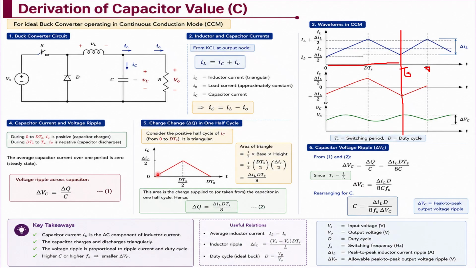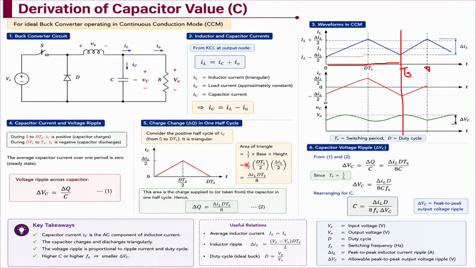So this is a triangle, and what is the area? This is the base and this is the altitude. So the area can be written as half into base into height. And what is the base? This total base is D into TS, so this much will be DTs by 2.